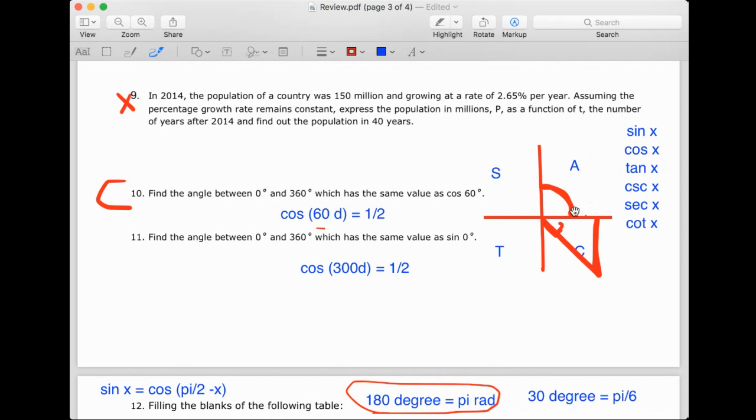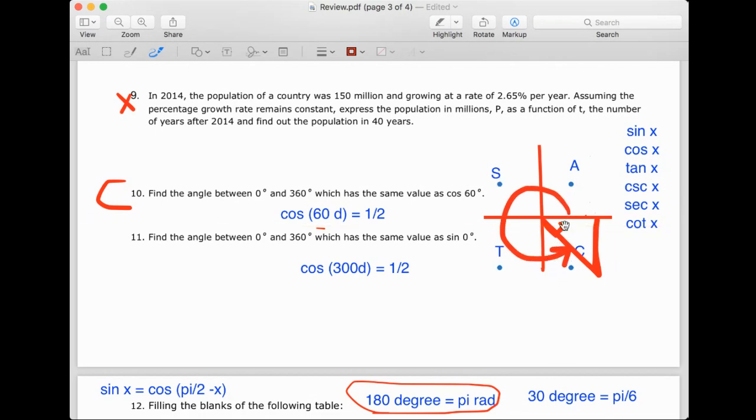We start with the positive side of the x-axis, starting from here, and we need to run to this. We start from here and end up at this coterminal line. So this is the true angle measure.